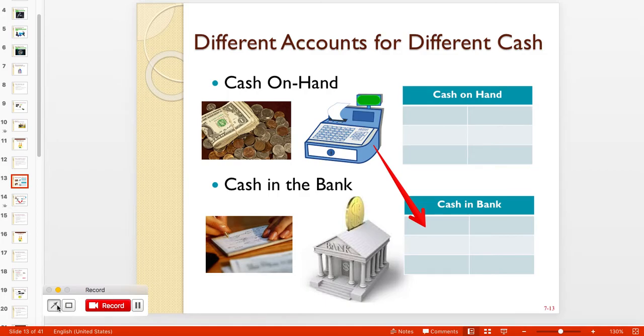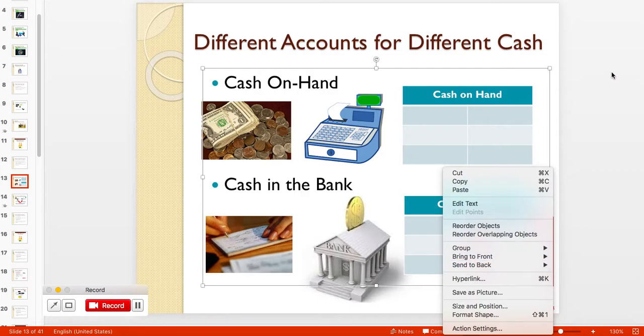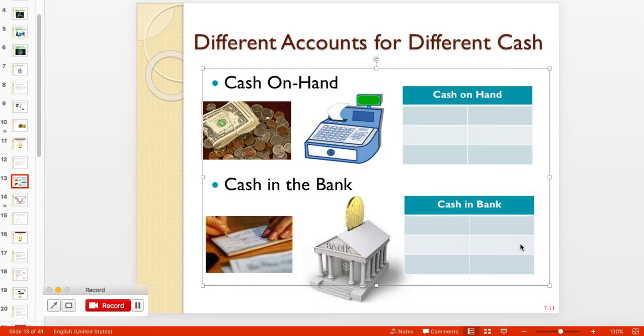It's basically a transfer out of cash on hand and into the bank. It also records the outs, whatever comes out of our bank account, and that would be things like checks. When we write checks, those come out of our bank account. So we're going to put that on the credit side because they decrease the cash that we have in our bank account.